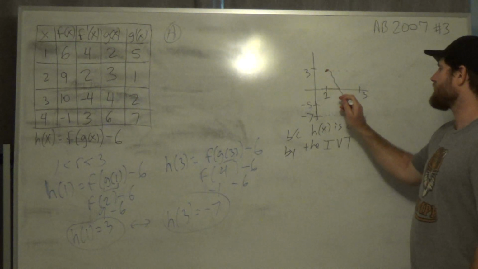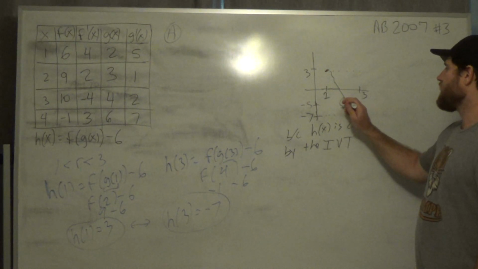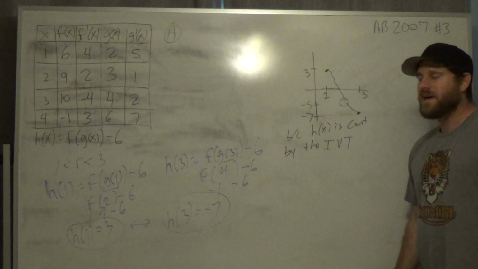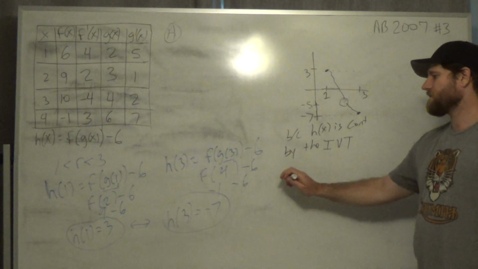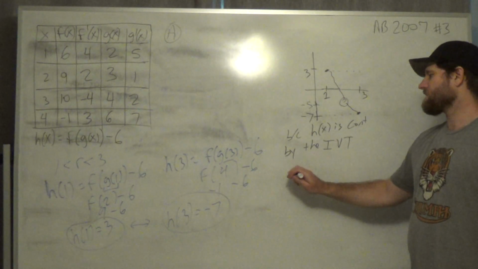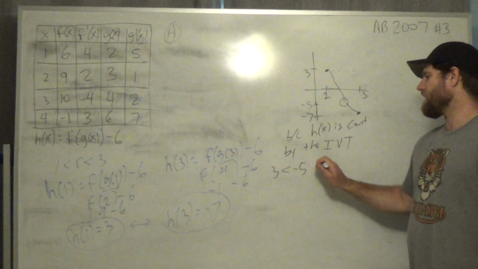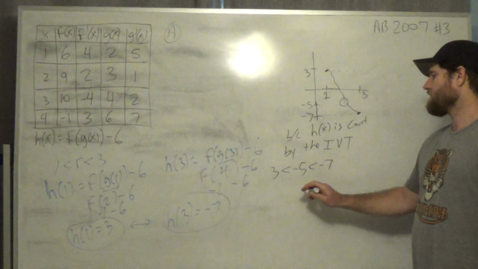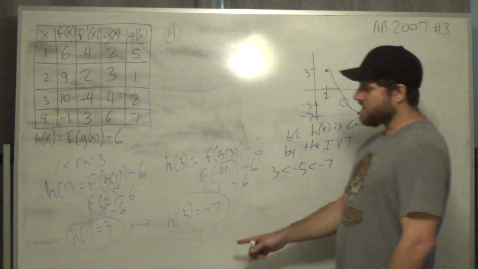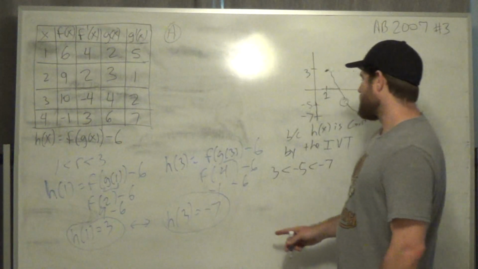So we don't know exactly when, but we do know that by the IVT, -5 is between 3 and -7, right? And we already said that that's this and this.